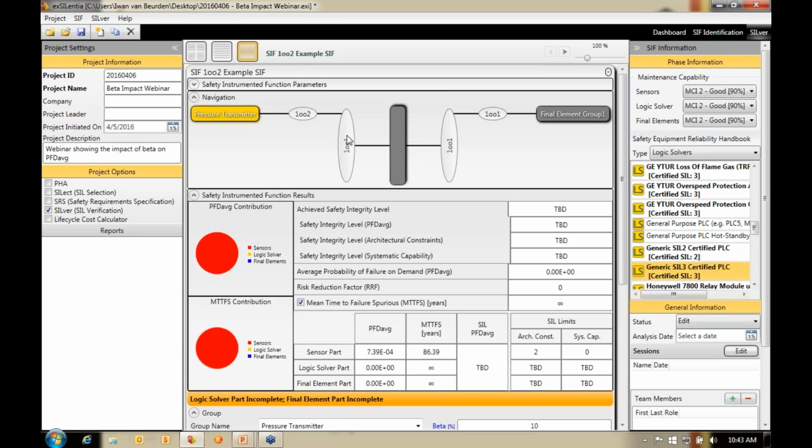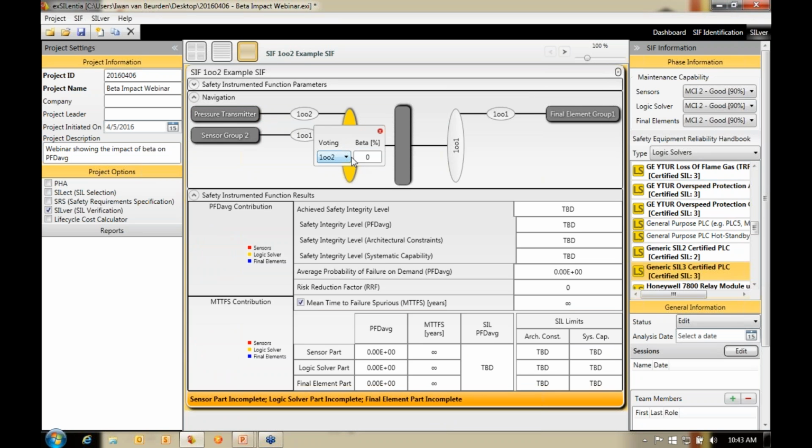If we look at the voting between groups, our default value is 0% because the different groups are really intended to model completely different measurements, for example, a pressure measurement, a temperature measurement. Typically groups that are really independent, so the default is 0.